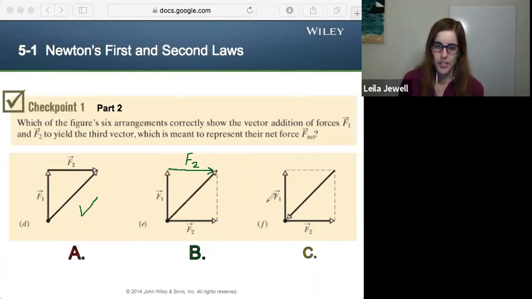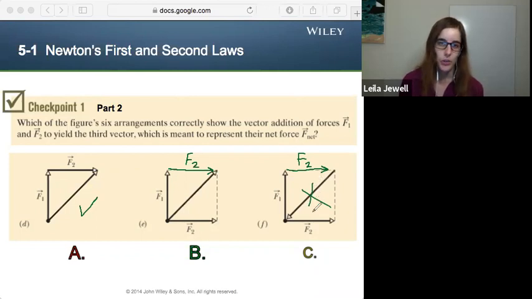Now what about with C? With C, if I shifted F2 up here, notice we don't now have the correct vector addition. We have F1 plus F2, that part's good, but the F net is pointing in the opposite direction. Where F1 is pointing up and F2 is pointing to the right, the net force should match that. It should be pointing up and to the right, and instead it's pointing down and to the left, the opposite direction.